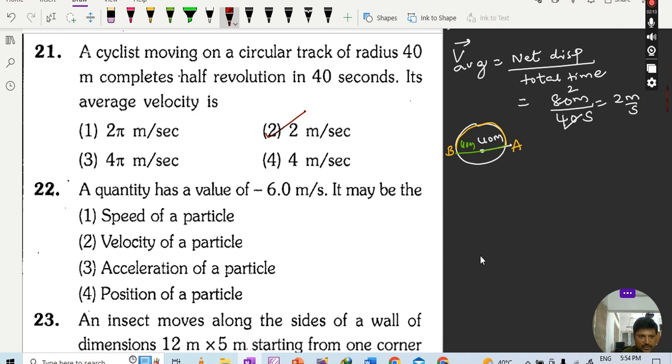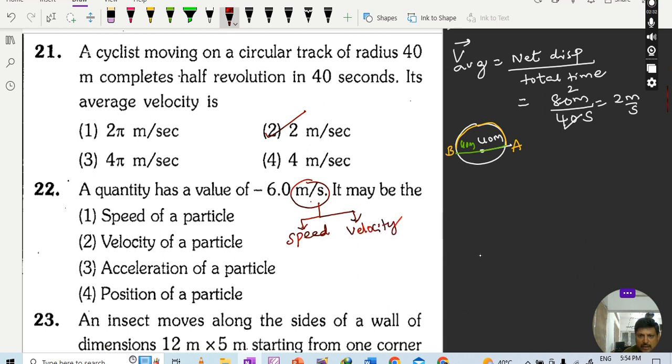Next, the 22nd question. A quantity has a value of minus 6 meter per second. First of all, here the unit is meter per second. Meter per second means distance per time or displacement per time. So it may be speed or velocity.